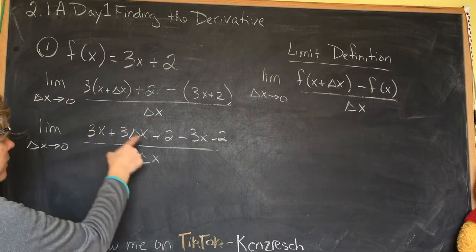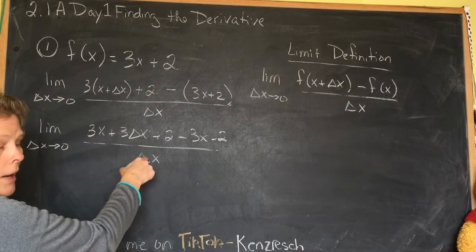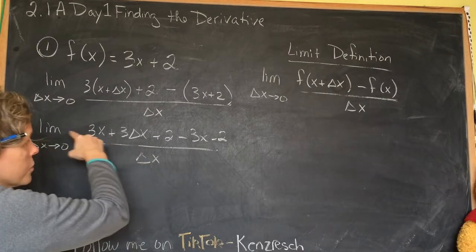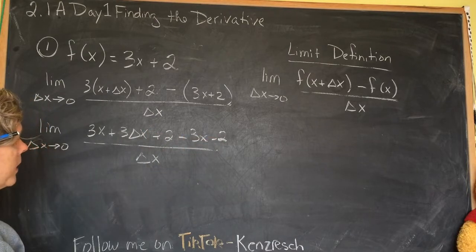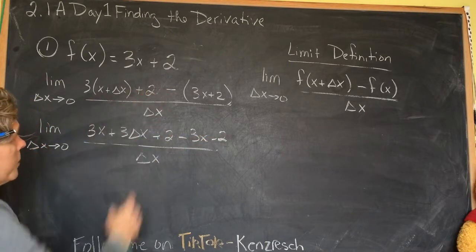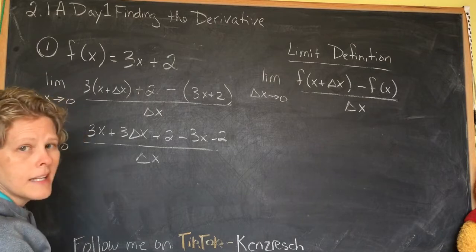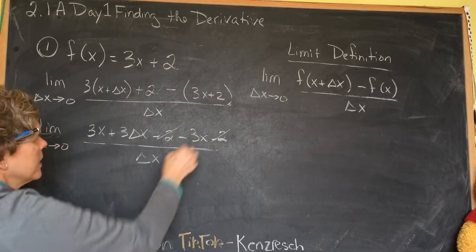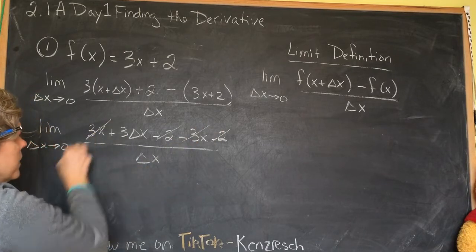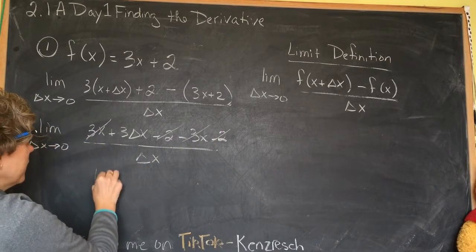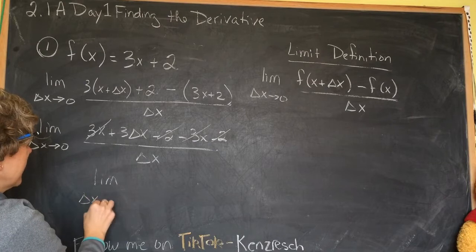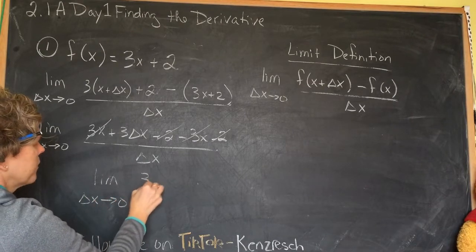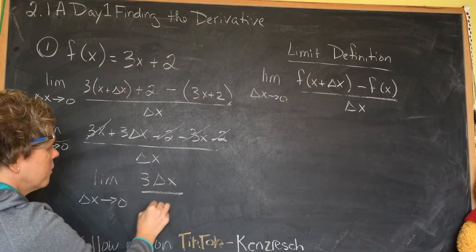If I plug 0 in for delta x, I get 0 down here, so that's a problem. So I'm going to go through and play around with it. Well, once I've distributed things here, things should cancel out if you do it correctly. So this 2 cancels with that 2. This 3x cancels with that 3x. So really what I have left is the limit as delta x approaches 0 of 3 delta x over delta x.